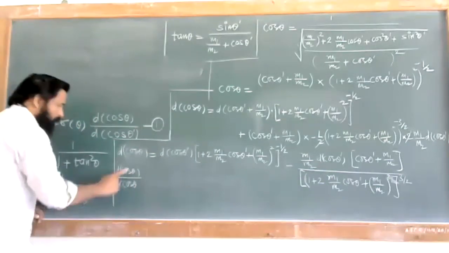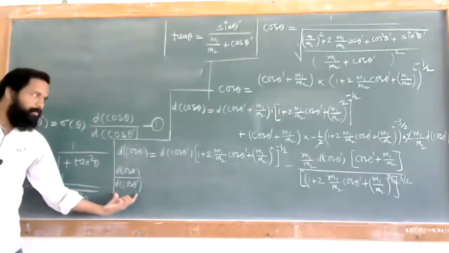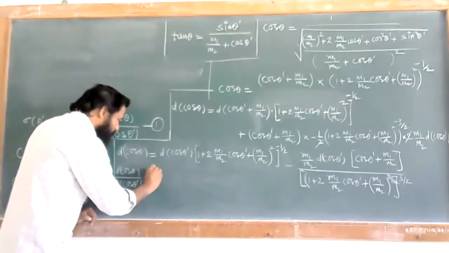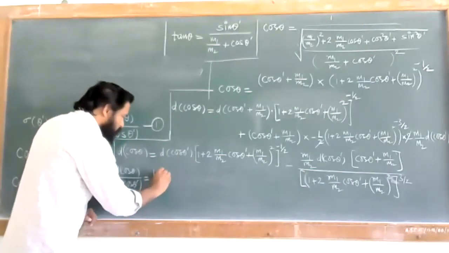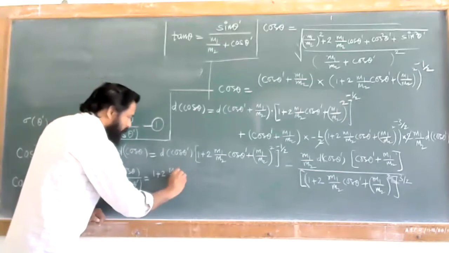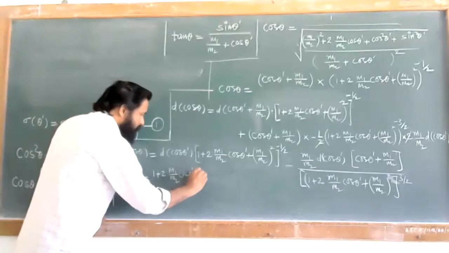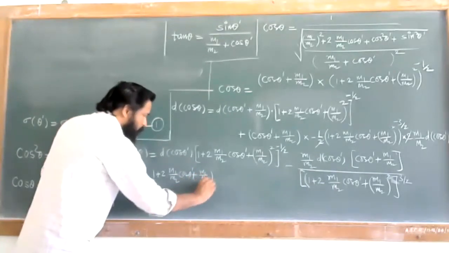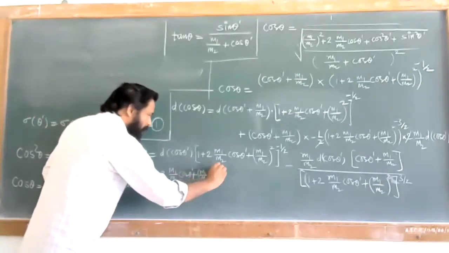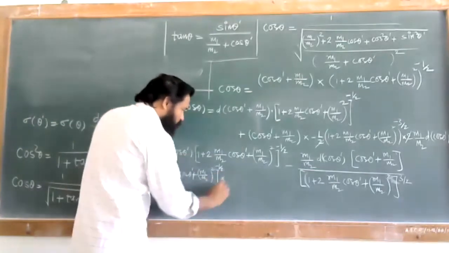So derivative of cos theta upon derivative of cos theta dash, this term we want, and we get that term here, which is equal to, just check it out, this is 1 + 2(m1/m2) into this cos theta dash plus this m1/m2, bracket square, raised to minus 1/2, and the LCM is the bracket raised to 3/2.